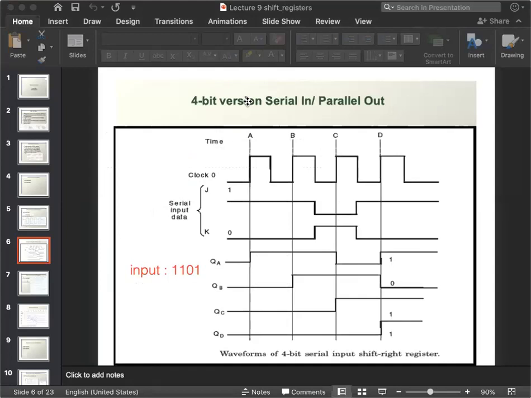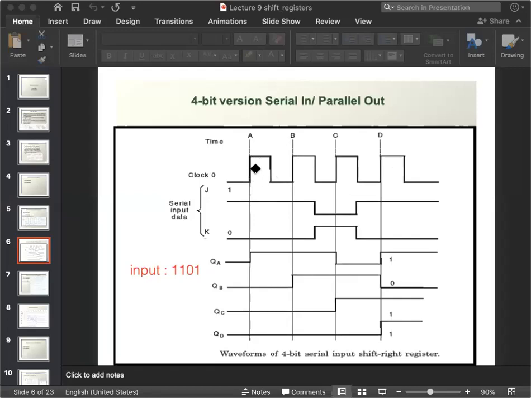So when you get the input, maybe it will say how many bits your timing diagram must have. And if it is not mentioned, you can count the bits and easily decide how many bits there are. How many bits? 4 bits. So there will be 4 clock cycles, 1, 2, 3, 4. You can see 4 clock cycles. Every clock cycle will get a 1 and a 0 both.